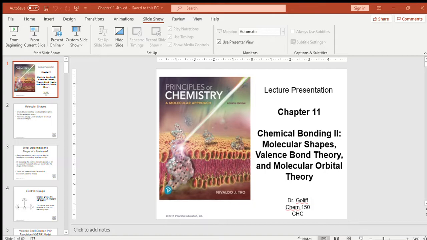So if we look at the central atom, which is here A, it has 4 electron groups. 1 electron group for the lone pair, 1 electron group for the single bond, and one for the double bond. So a total of 4 electron groups. 1, 2, 3, 4. Okay, let's see if I can bring up my highlighter here. There we go. So 1 electron group, 2 electron groups, 3 electron groups, 4 electron groups. Total of 4 electron groups around our central atom.